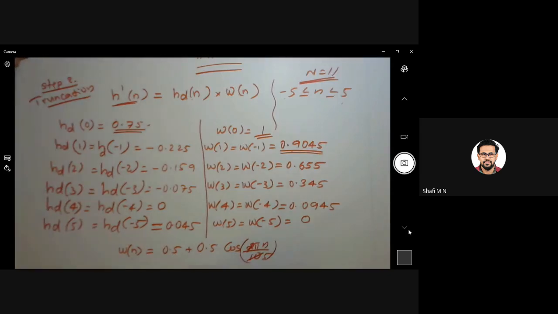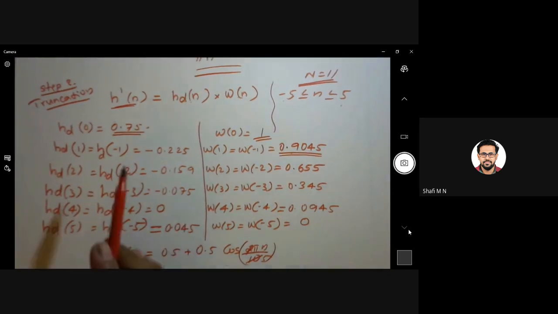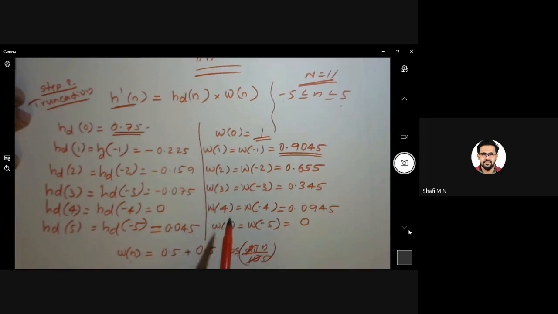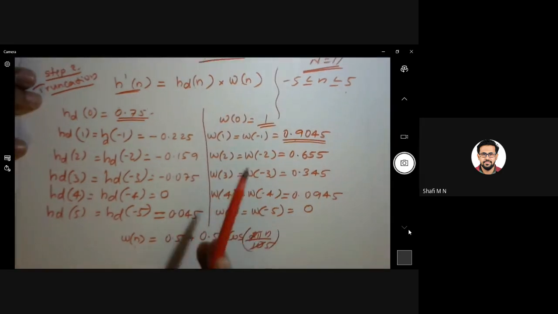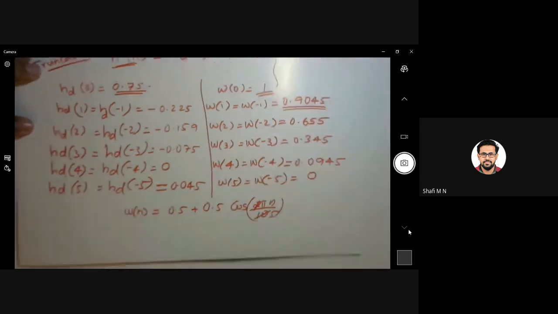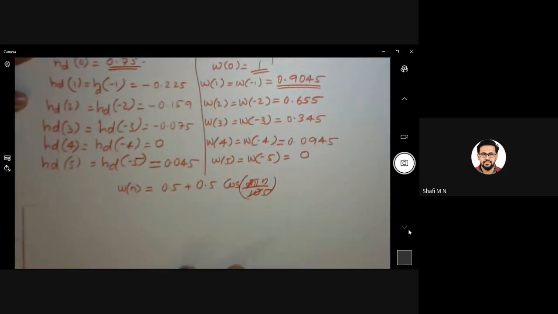So that's it. These are the corresponding hd values you got from the inverse Fourier series, and this is the window function in the span minus 5 to 5. Now truncation means you have to multiply this with this particular window. When you multiply this, the result can be called h dash. Now let me find h dash.